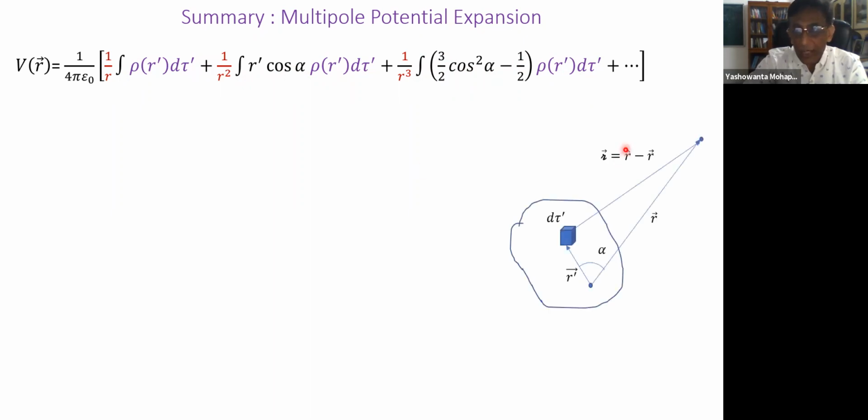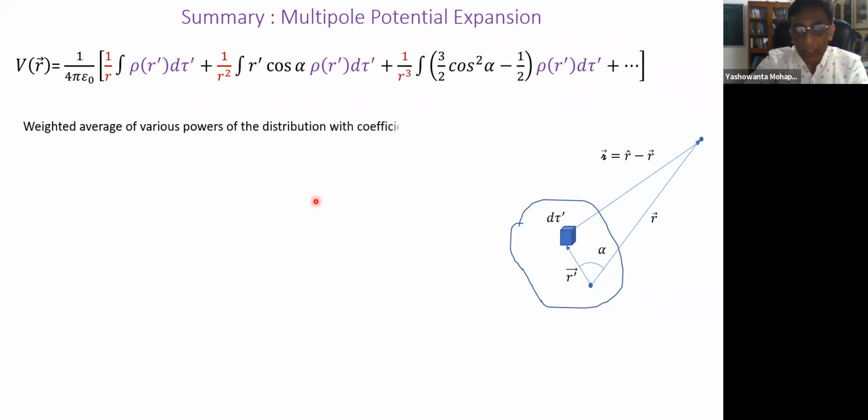It's good to have this diagram always in mind: what is curly r prime, what is alpha. I have repeated this in many of my slides in this lecture. So remember what we are trying to do.